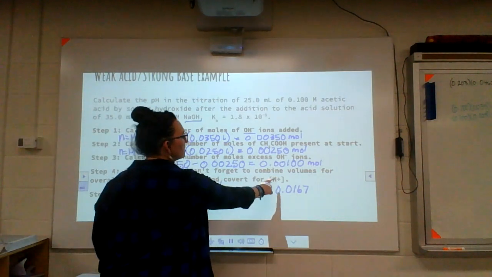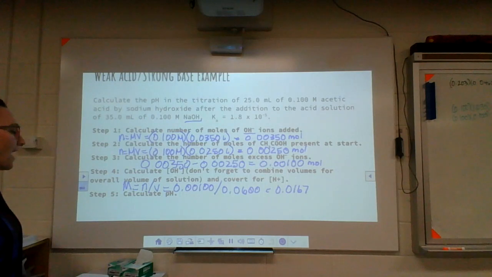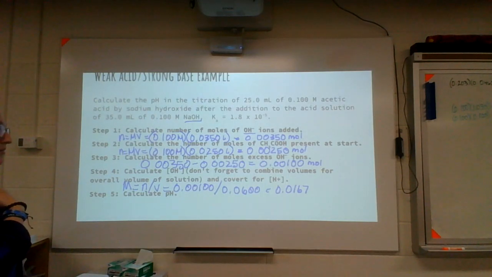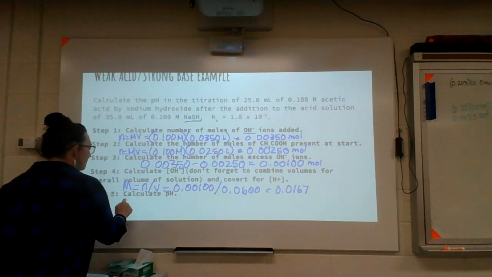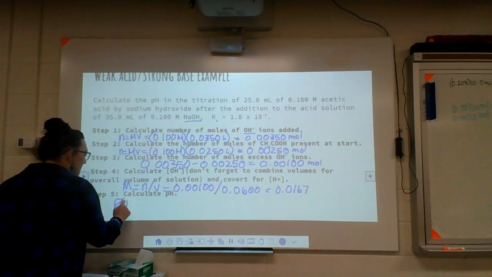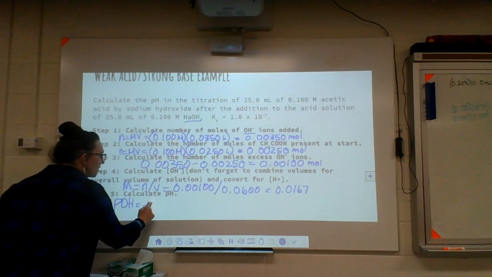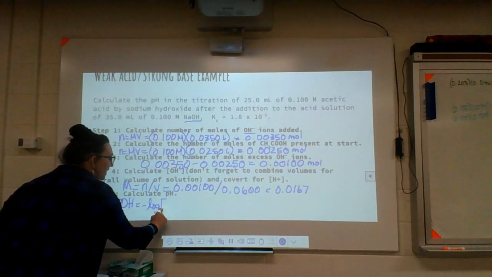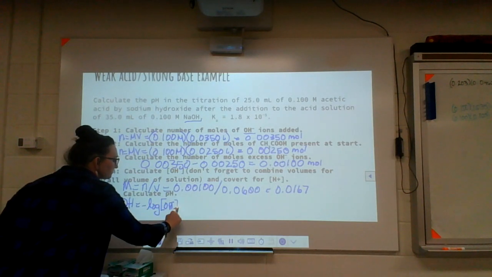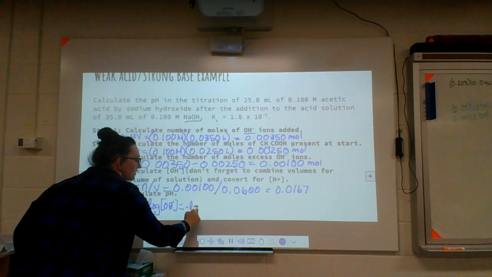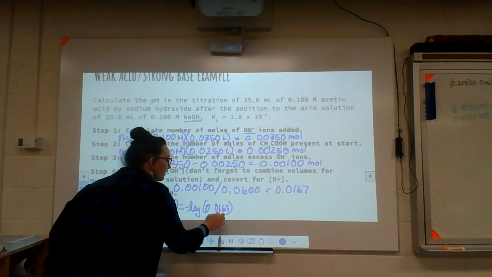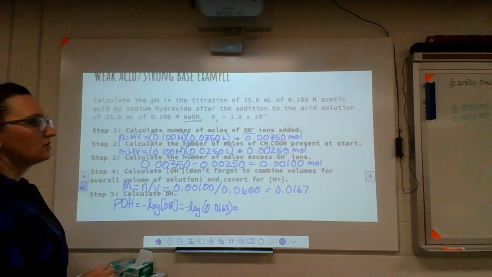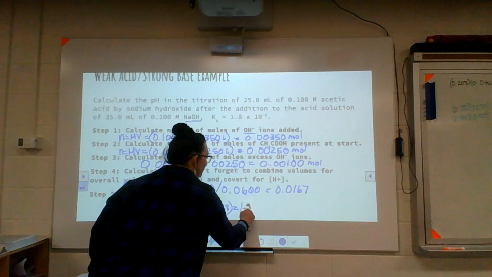This says to convert to the hydrogen ion concentration. I feel like for me, I prefer to go to pOH and then pH because those equations are easier for my brain to remember. So I'm going to do my pOH next. So pOH is equal to the negative log of my hydroxide ion concentration. So that's the negative log of 0.0167, which comes out to 1.78.